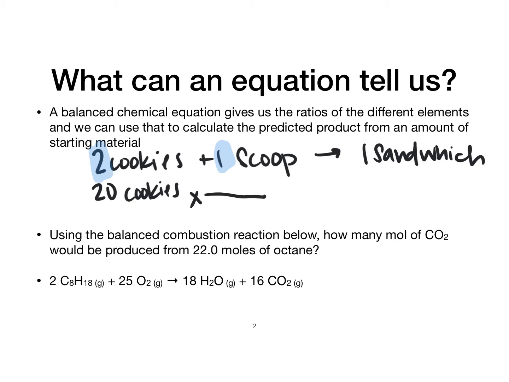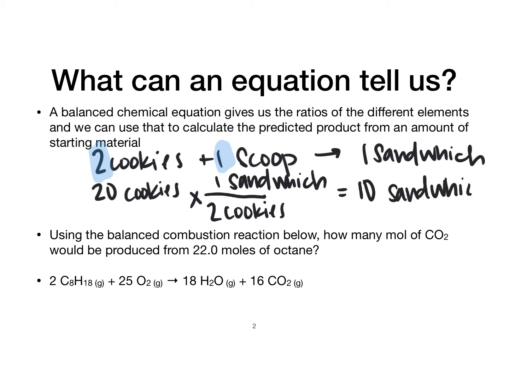So we could write that chemically as a conversion factor where 2 cookies gives you 1 sandwich. And in this case, you get 10 sandwiches. So this allows us to convert from a reactant to a product or reactant to reactant. And we're going to use the stoichiometric coefficients in order to do that.